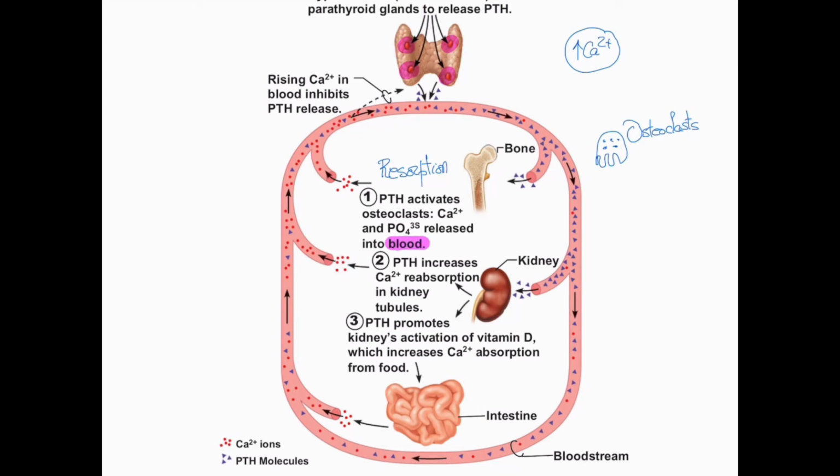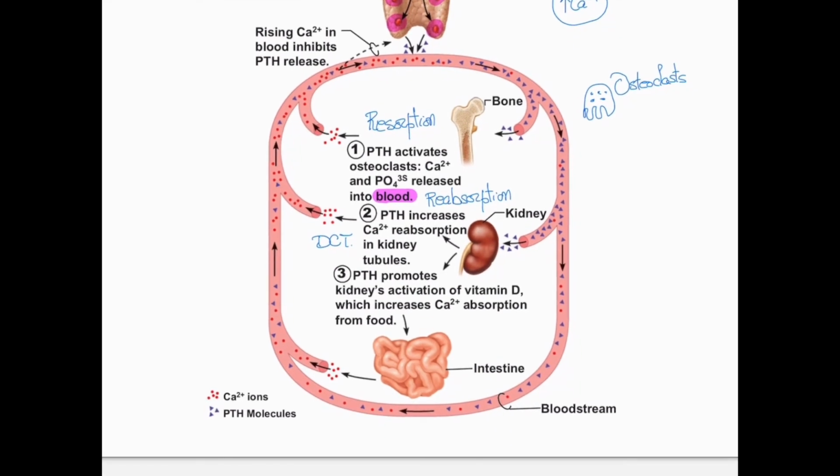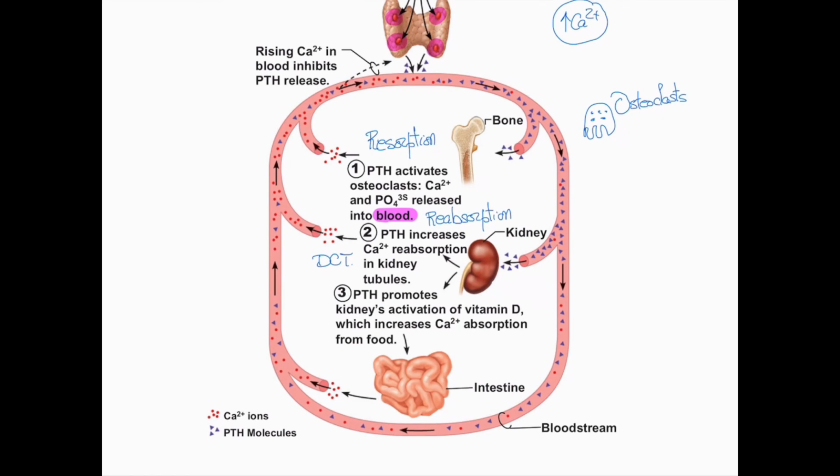So PTH activates osteoclasts to break down the bones, and this will cause the release of the calcium out into the blood. Another function of the PTH is to prevent this calcium from getting released into the urine by stimulating the reabsorption in the distal convoluted tubules, as we've mentioned earlier. Another function here for PTH is to promote the activation of vitamin D. And remember, vitamin D is essential for me to absorb the calcium from my intestines.